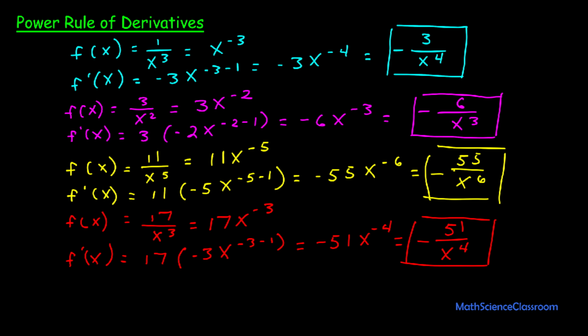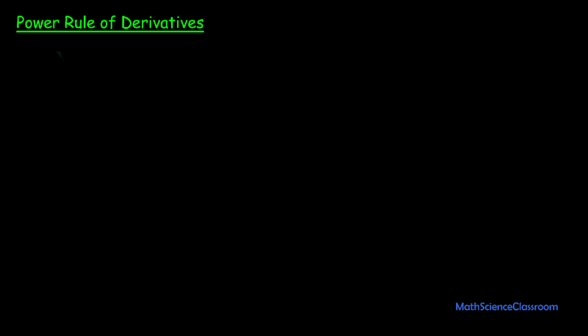Very good. Let's find the derivatives of polynomials. So we'll start out with x to the third minus 2x squared plus 5x plus 9.